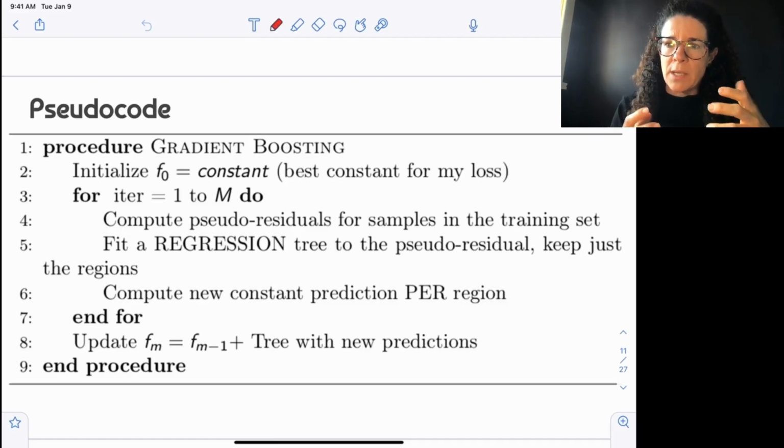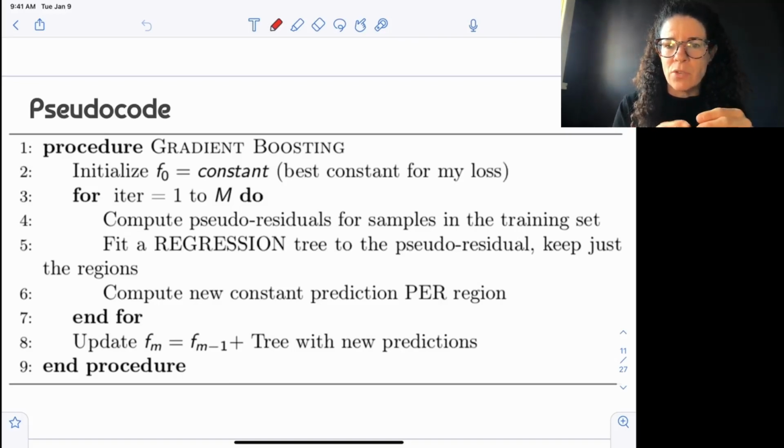Once people realized what AdaBoost was doing, the next question was: can we fit other loss functions in a similar way? This is the pseudocode for a gradient boosting algorithm. We initialize the algorithm with the best constant for the particular loss function that we're considering. Then we compute some pseudo residuals from the samples in the training set. I'll tell you how we compute that in a couple of minutes.